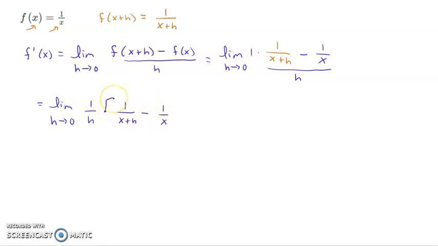Okay, and I'm going to go ahead and put this inside of brackets just for clarity. Now let's work with the stuff inside the brackets. We need a common denominator so that we can subtract these two functions. And so the common denominator here is going to be x plus h times x.